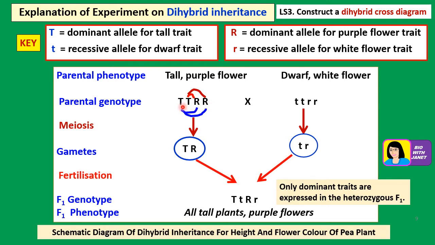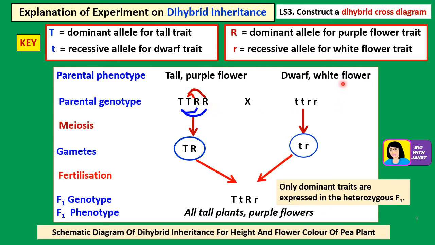That means it has 2 big T alleles and 2 big R alleles. Okay, so you must have allele big T to determine that it's tall. You must have allele big R to determine that it has purple flowers. Okay, but it's homozygous for both the traits. Okay, so big T, big T, big R, big R. Okay, having 2 identical big T alleles and 2 identical big R alleles.